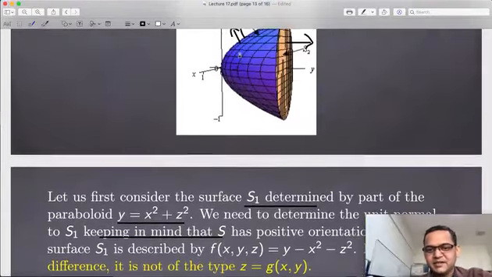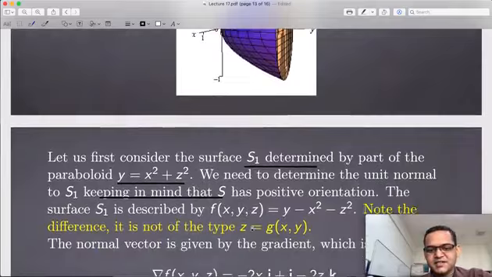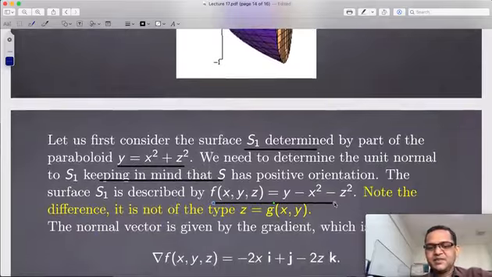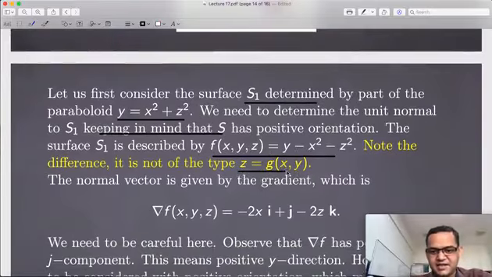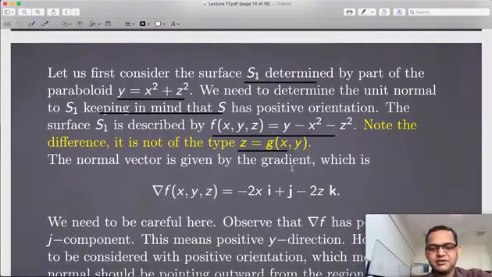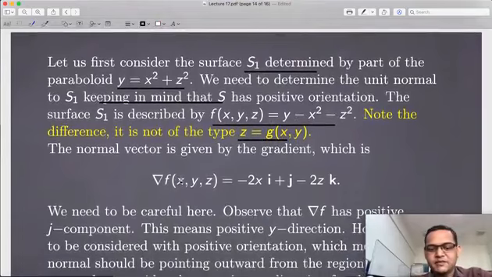When the surface is given by a function, we need to consider the surface given by y minus x squared minus z squared. This is precisely the situation which we just discussed. I highlighted this so that you are careful. The normal vector is going to be given by the gradient.